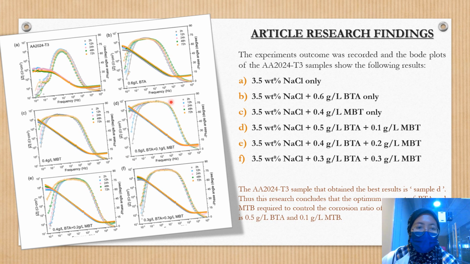Compared to the rest, D actually has the best results in terms of the Bode plots, and the amount of BTA and MBT.